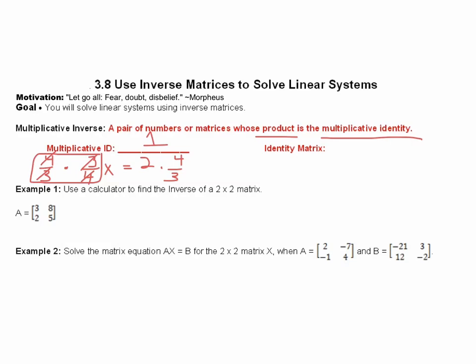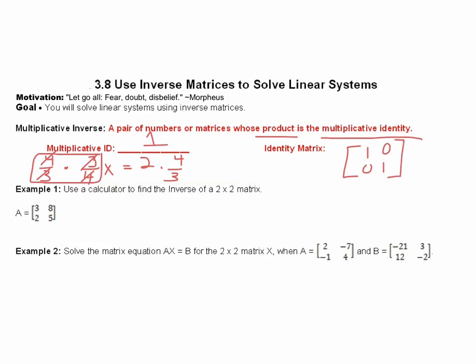Well, today we don't just have fractions as our coefficients. We're going to talk about having coefficients that are matrices. Actually, a coefficient matrix is what we're going to produce today. So the identity looks a little different when we talk about matrices. It's going to be another matrix. It's going to have 1s across the diagonal and 0s everywhere else.